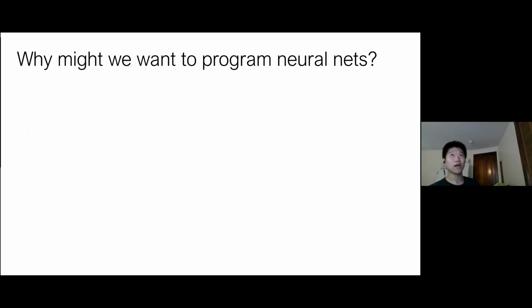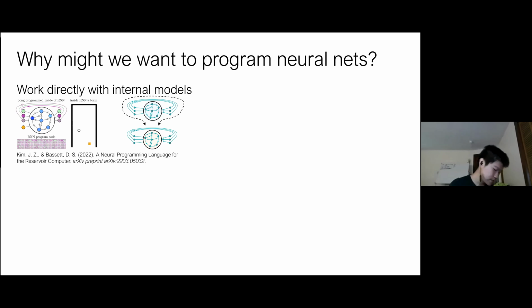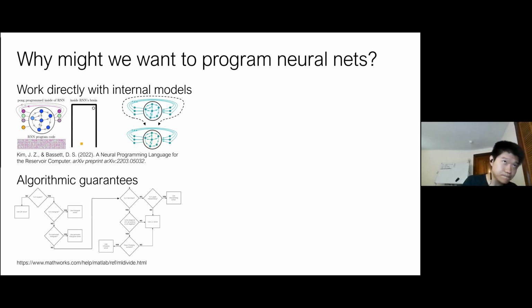So why might we want to program neural networks? Well, from a machine learning standpoint, for example, we might want to work directly with internal models of neural systems, right? We can train them to learn these complicated models, but maybe we would like to make sure that there's no bias in the models that they're using, or that compensate for some kind of lack in representation of our data.